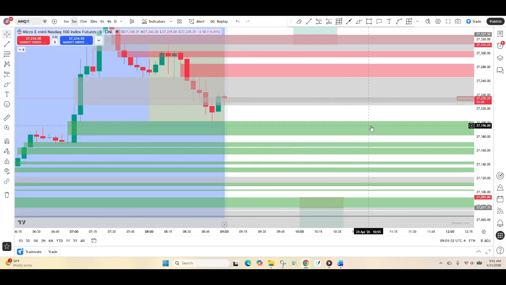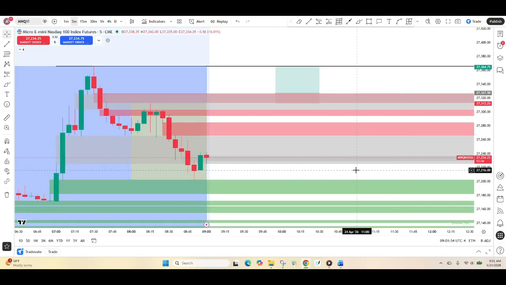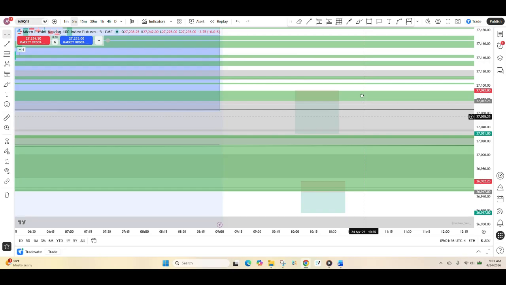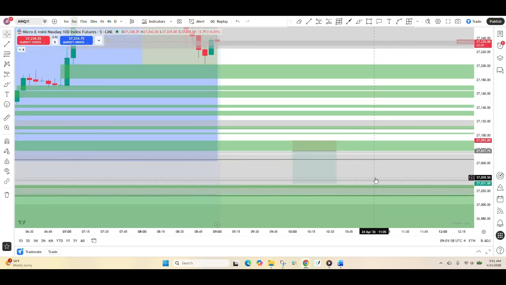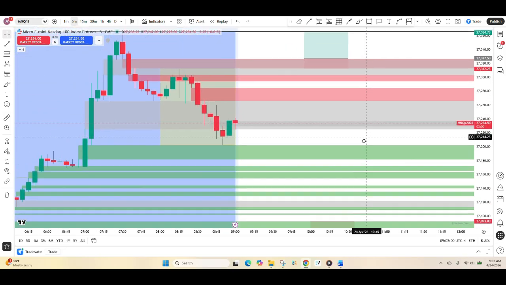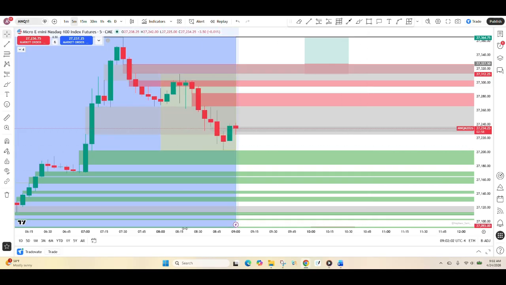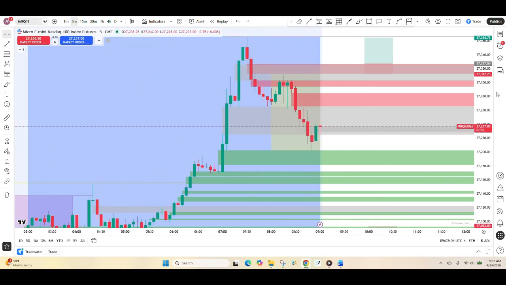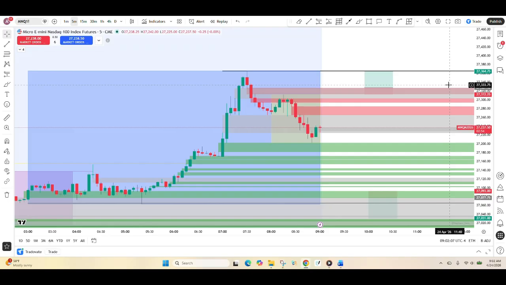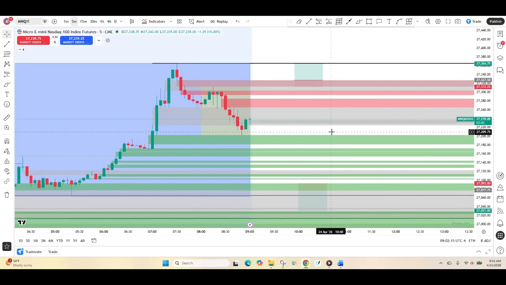So it's only 3 potential entries so far. Some other fair value gaps may end up forming by the time I get in, but as of right now, that's it. Okay, I'll come back here once a candle gets close to one of these entries.